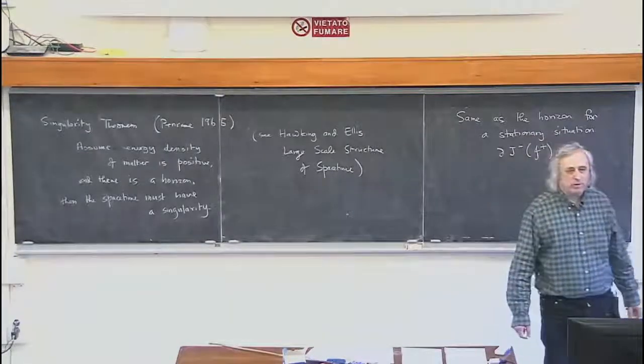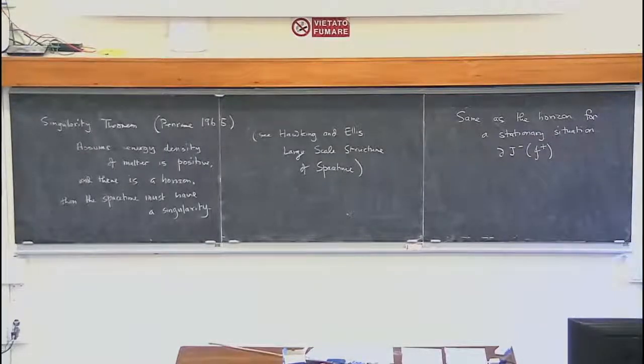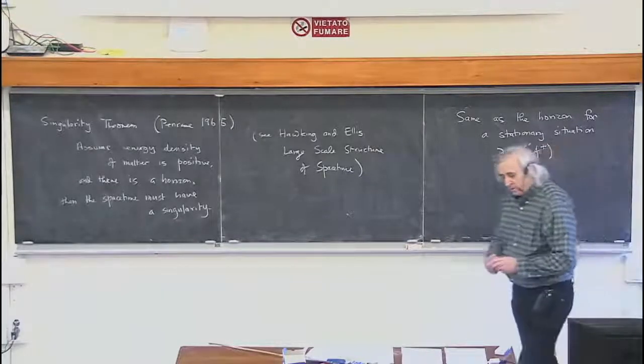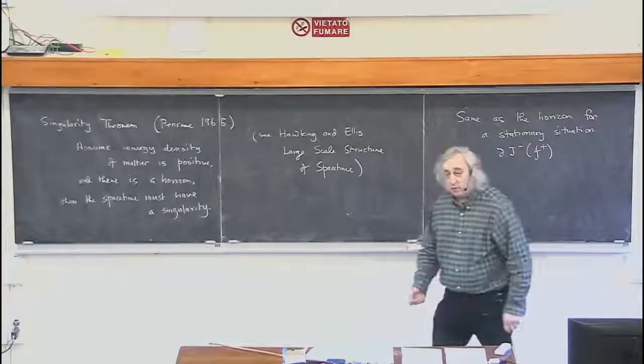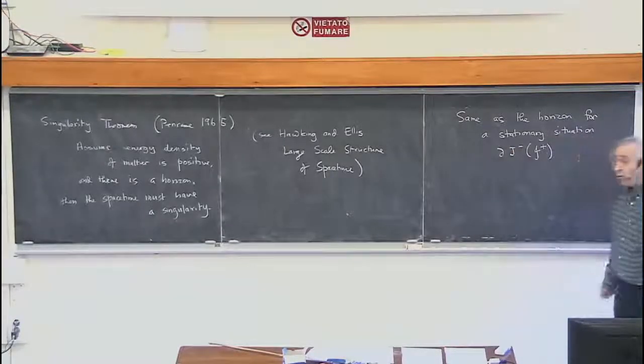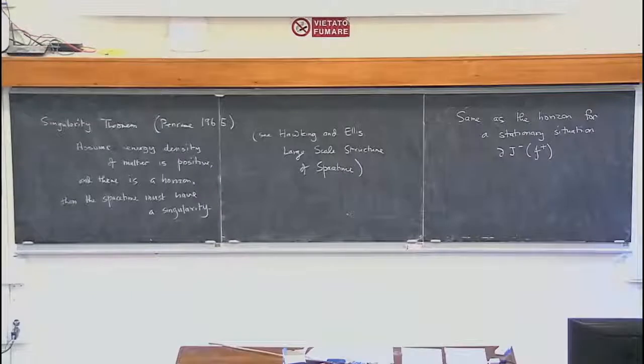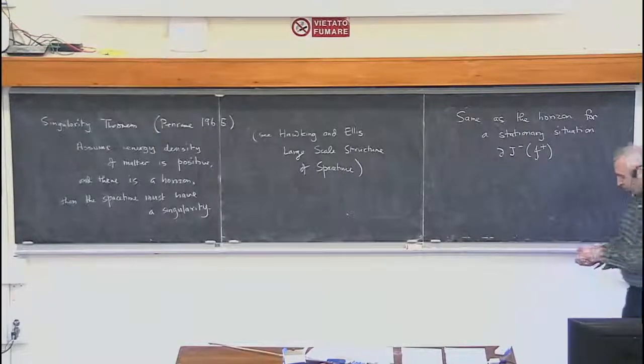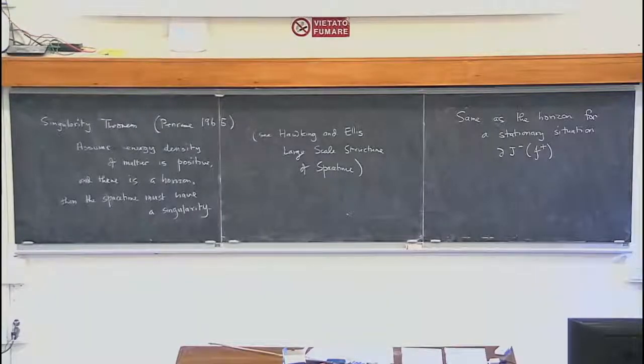There you'll find a moderately readable account of how this theorem actually works. But given those two results, it tells us that the gravitational collapse of something to form a horizon and a singularity is a generic state of affairs. And we can assume, for almost all purposes, that if gravitational collapse occurs, you will find a black hole which has a horizon and some kind of singularity.